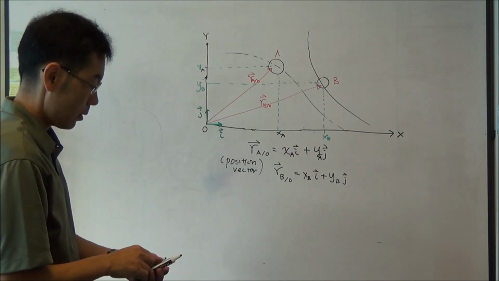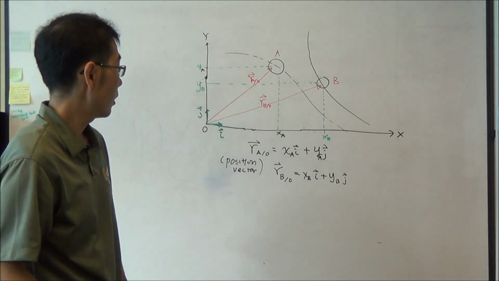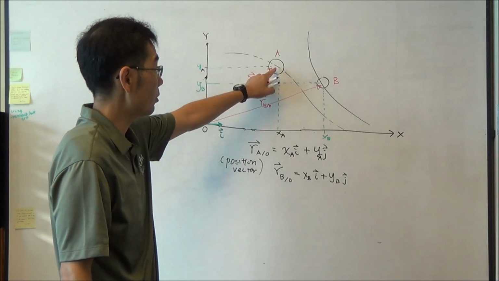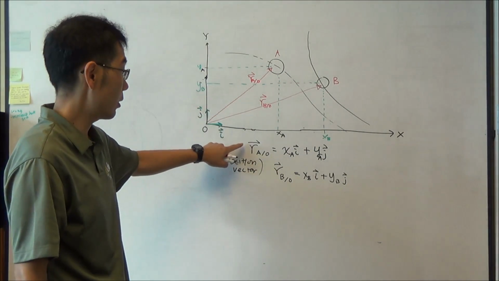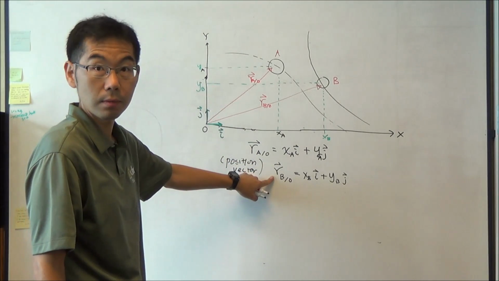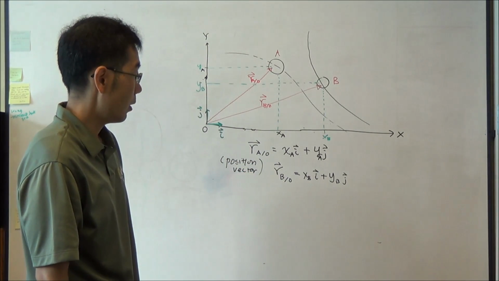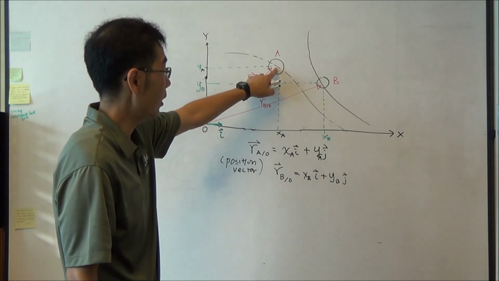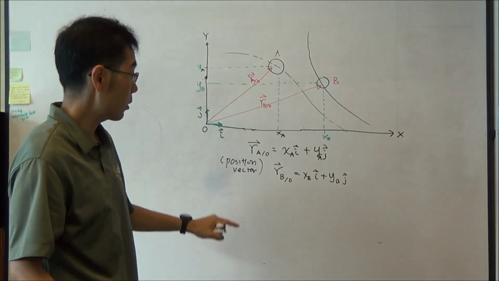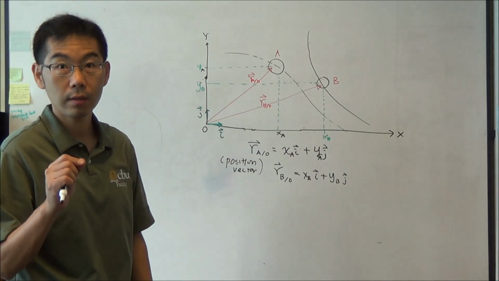If you want to get the velocity of object A or object B, you can just take the time derivative of the position vector of A and of B. At this time, what if we want the velocity of A not with respect to O, but with respect to B? That's the relative velocity.